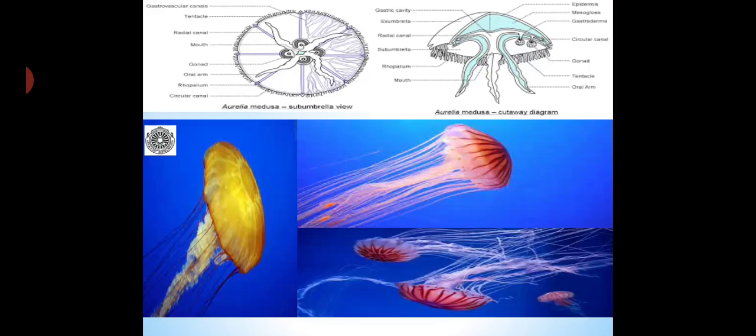So these are the good photographs or the images of the different examples here. On the left top end, you come across Aurelia medusa, which is the subumbrellar view, and on the right hand side you observe Aurelia showing the internal details of the body of that animal, because it is a cut portion of the animal body.